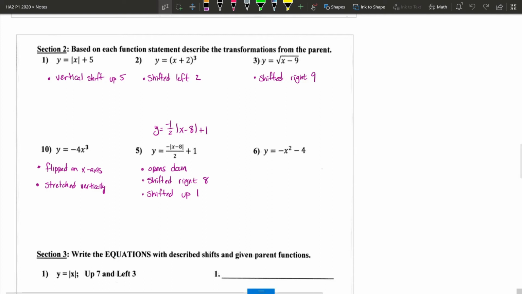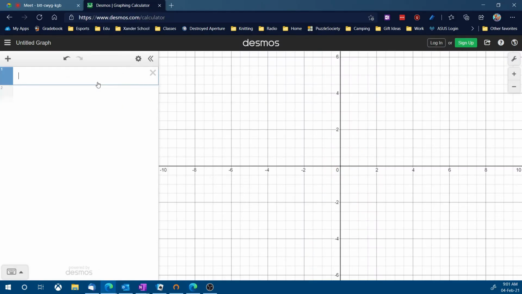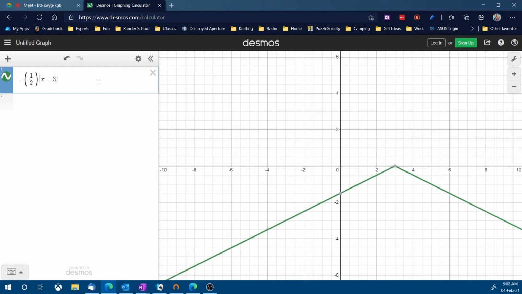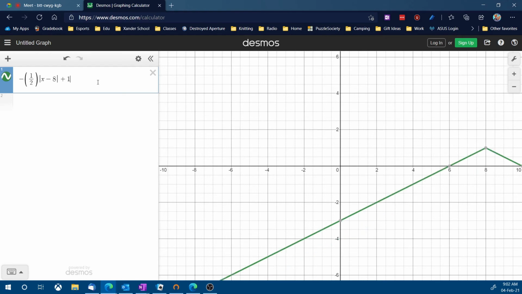So I'm going to pull out my calculator and double check since we're still learning. Let me erase what we had before. Oh, what's mad at me? No, I can't use a calculator. Negative 1/2 times the absolute value of x minus 8, and then plus 1.